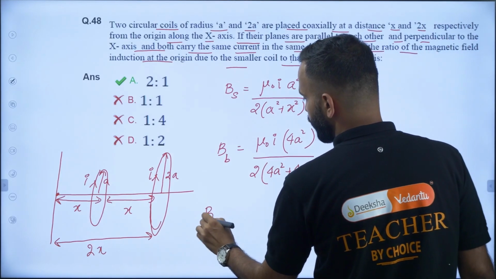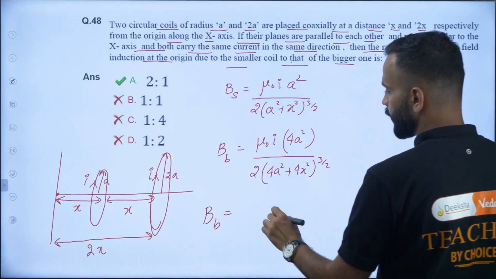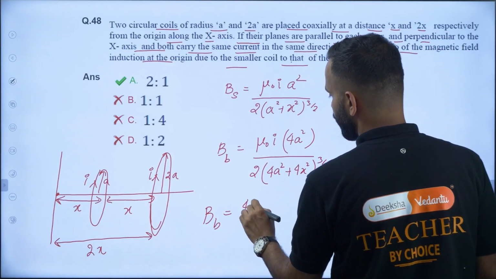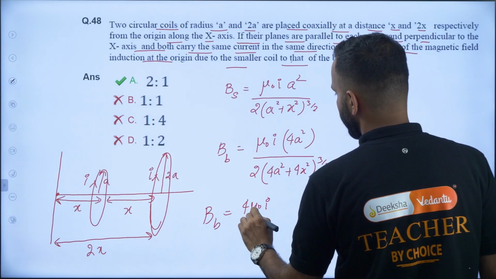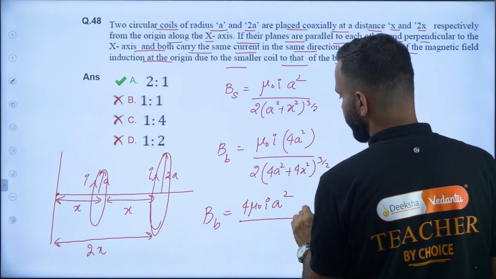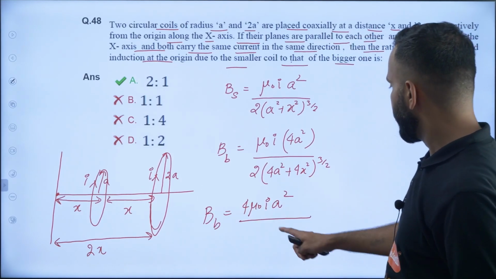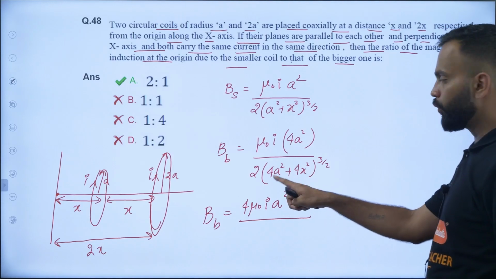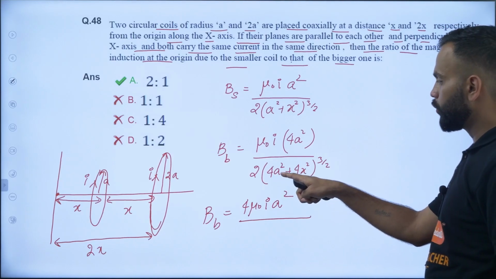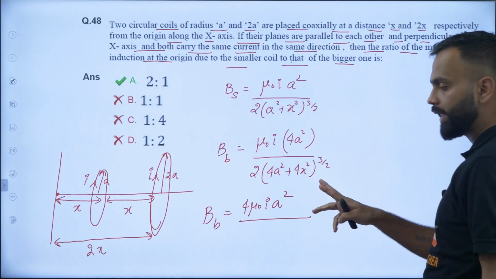So now take 4 as common, root of 4 is 2, 2 cube is 8.